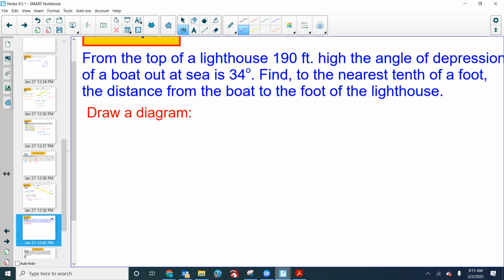All right, from the top of a lighthouse. I'm not an artist. I apologize. More like a water tower or a marshmallow on top of a pyramid.